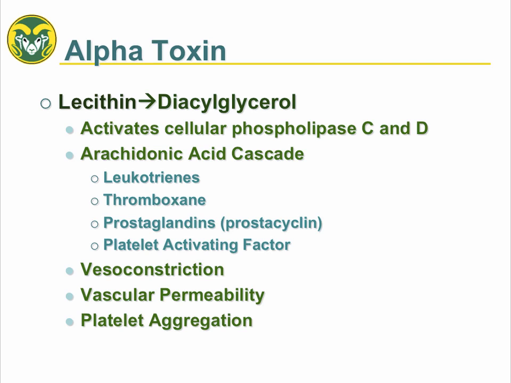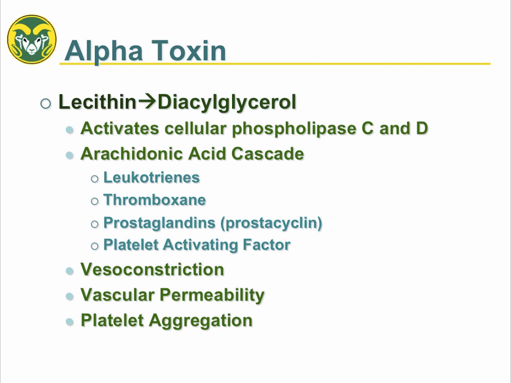Okay, more about alpha toxin. It has this lecithinase activity, again getting to the arachidonic acid cascade, making thromboxane, prostaglandins, leukotrienes, all these inflammatory mediators that are potentially bad for us. Some platelet activating factor goes along. This is interesting, and it comes up more when we talk about histotoxic clostridiosis. When you have platelet activating factor and you activate your platelets, what's going to happen? Well, you get thrombus formation in the area of the infection.